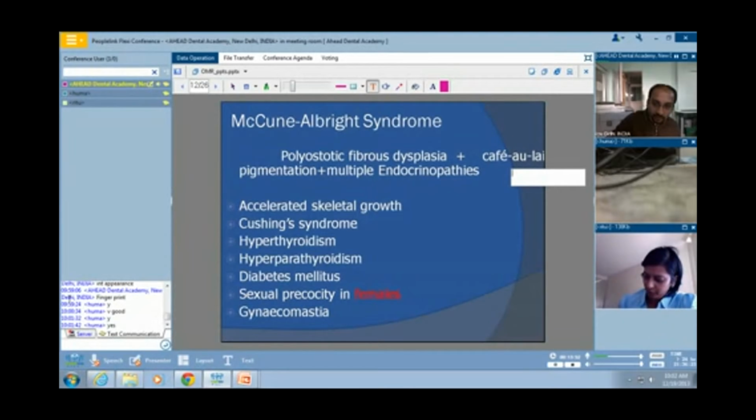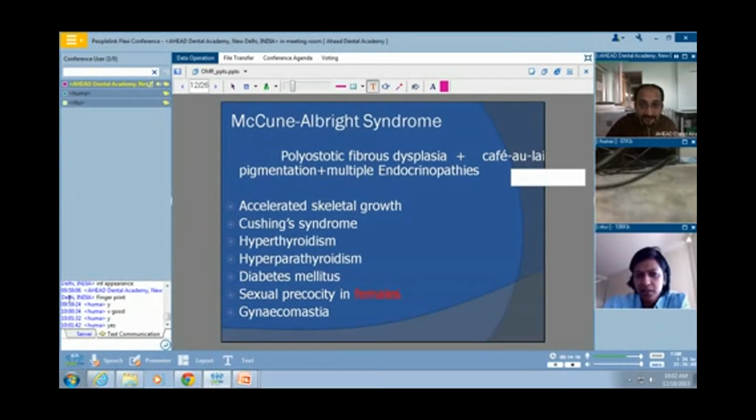Now remember McCune-Albright syndrome. There is one common question asked everywhere: if McCune-Albright syndrome occurs in males, it cannot be McCune-Albright syndrome. Reason? It is the only condition that occurs exclusively in females.